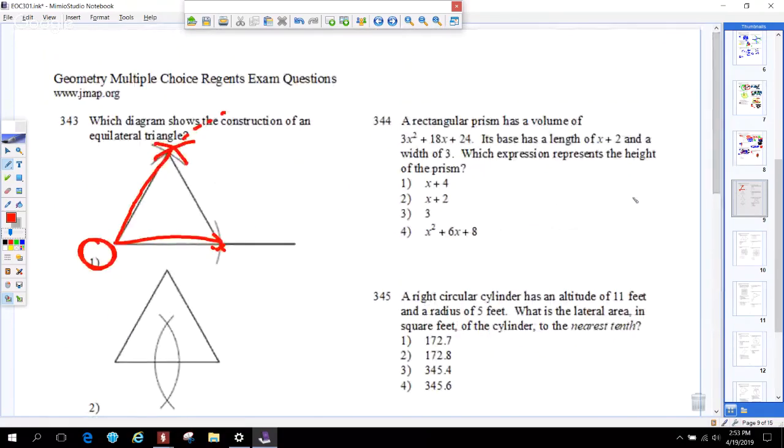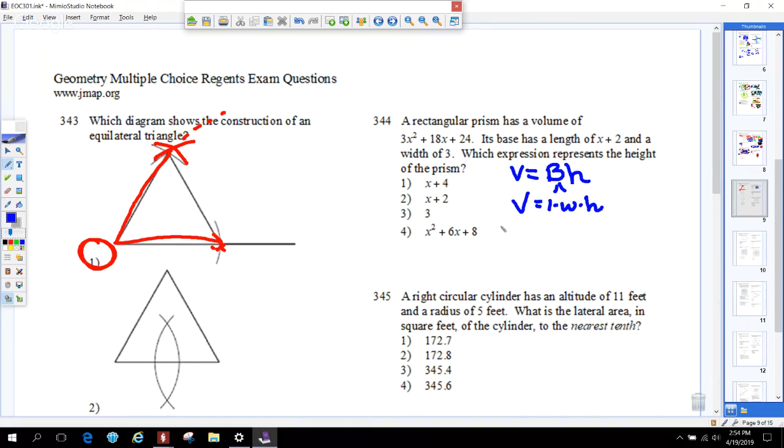So we'll move on. A rectangular prism has a volume of that. It has a length of x plus 2, a width of 3, which expression? Ooh, this is a fun one. This is one that might be considered almost a DOK3. It's definitely difficult too. So we know the rectangular prism volume on the formula sheet is big B times h, where B is really length times width times height.